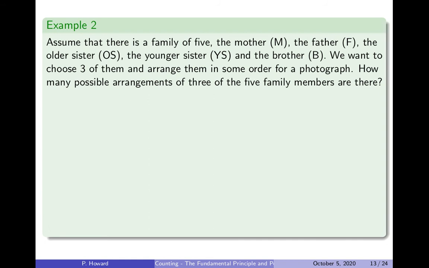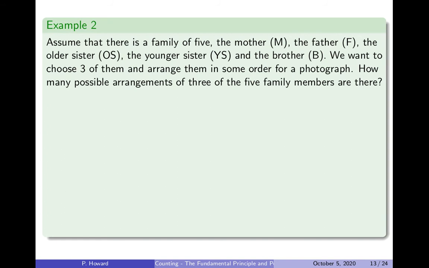Another example. So assume there's a family of 5 people. We're abbreviating the 5 people: M for the mother, F for the father, OS for the older sister, YS for the younger sister, and B for the brother. And we want to choose 3 of these 5 people and arrange them in some order for a photograph.